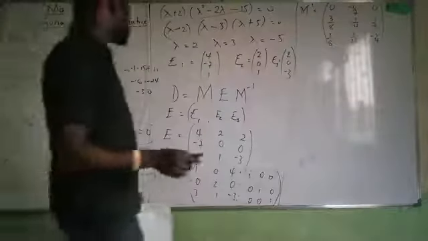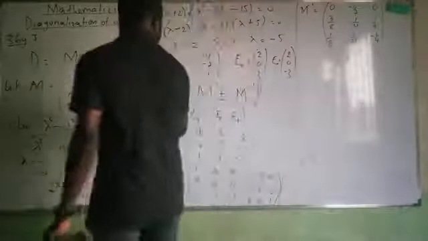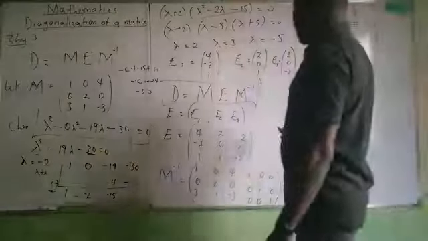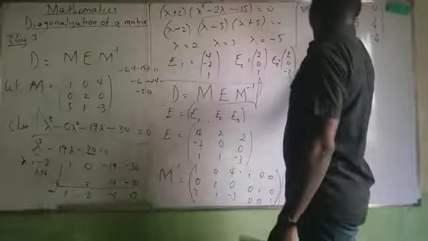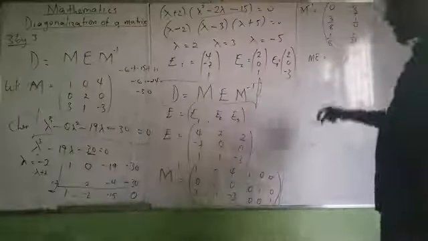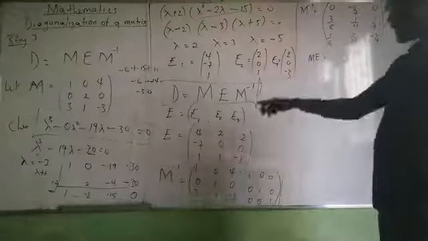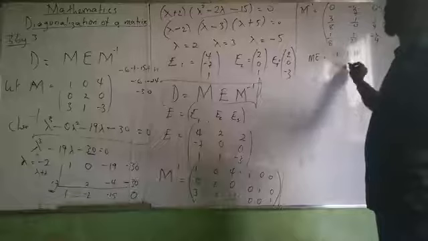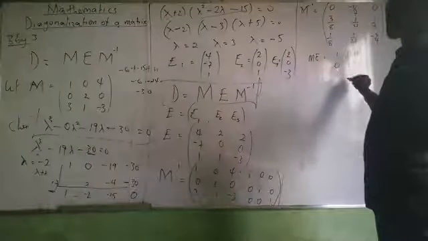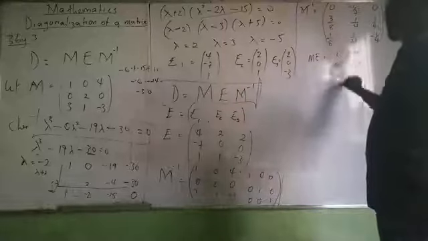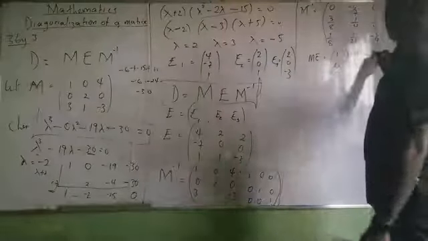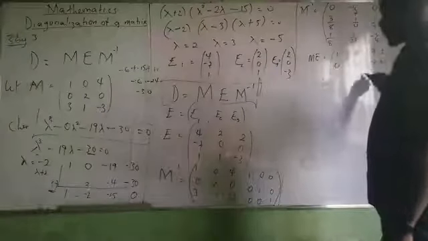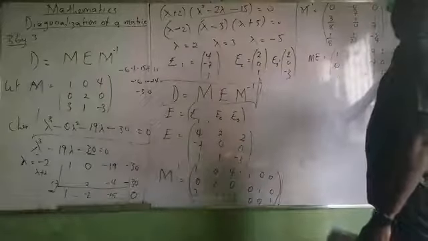The next thing I will now do, don't forget that I'm working towards this. The next thing I need to do now, what is my ME? I want to multiply the matrix, which is 1, 0, 4, 0, 2, 0, and 3, 1, minus 3, with my E, which is 4, 2, 2, minus 7, 0, 0, 1, 1, minus 3.